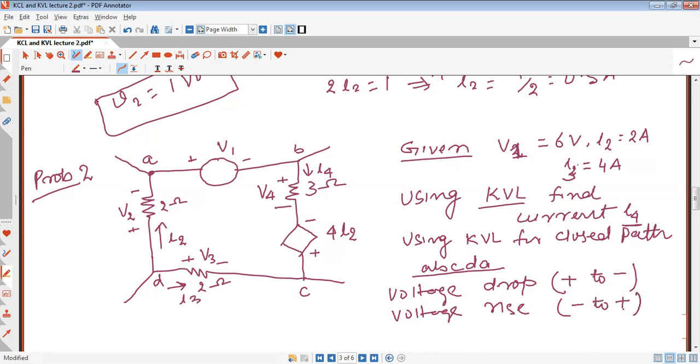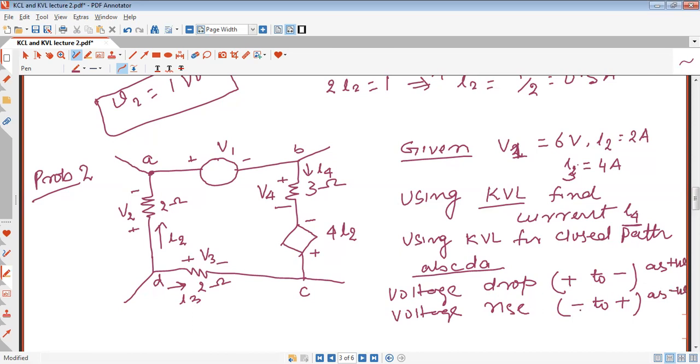The universally adopted method is that voltage drop is taken as positive and voltage rise is taken as negative.